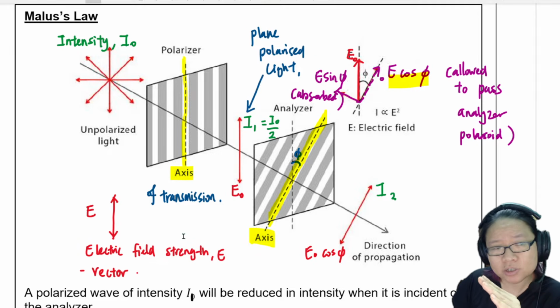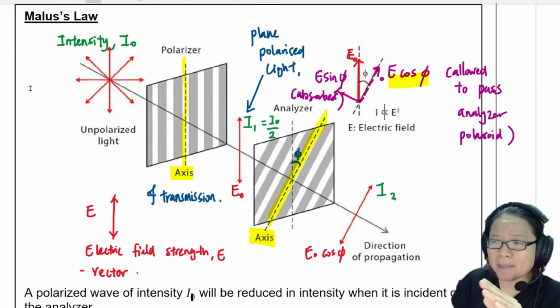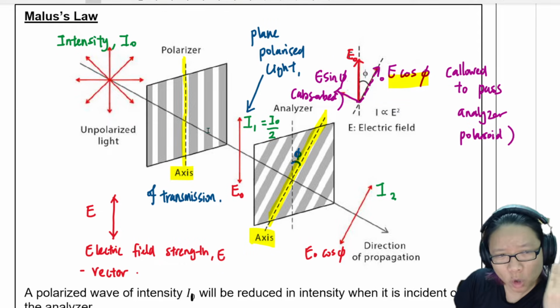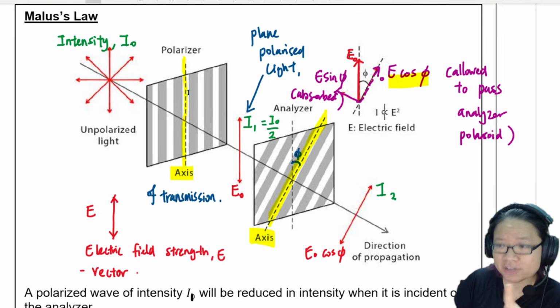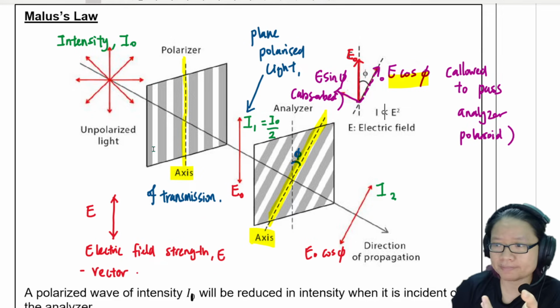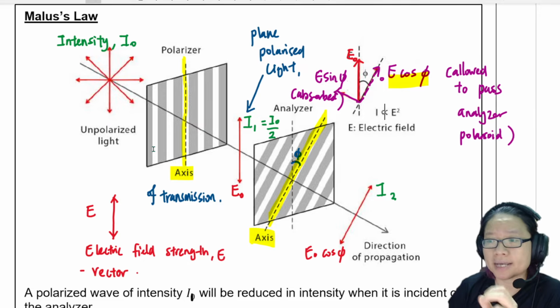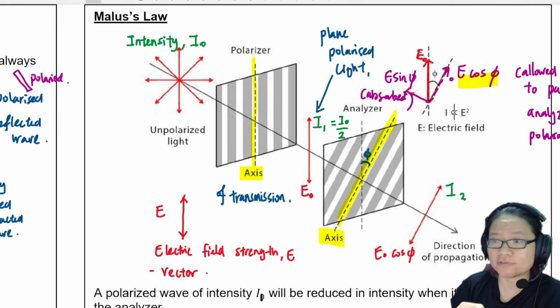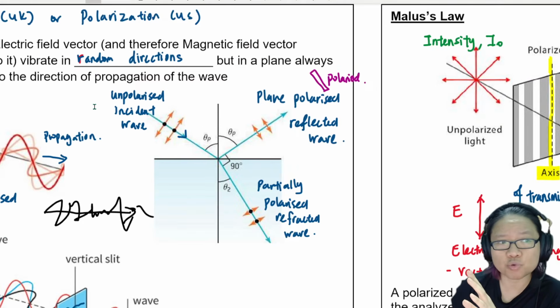We take the one that is parallel to the axis of the analyzer. So the random electric and magnetic field combination passes through the first polarizer so that we know it is on one plane. This is why the first one is very important. Without the first one, you can't really see anything when you rotate. The reason you could see it in the reflected dashboard, if you remember from the previous video, is because the reflected wave is already plane polarized.